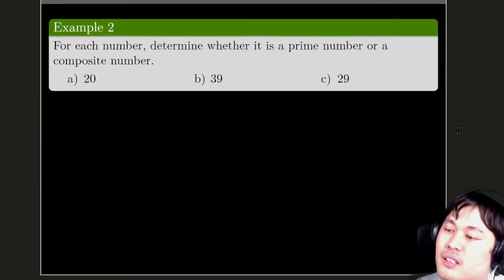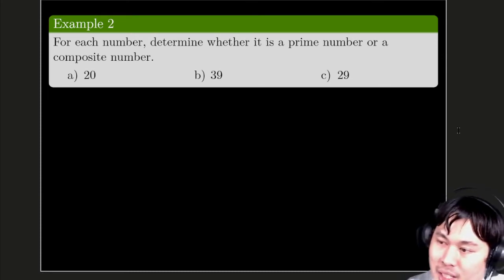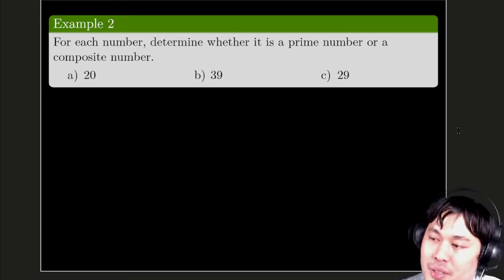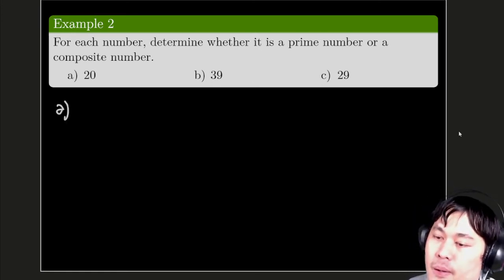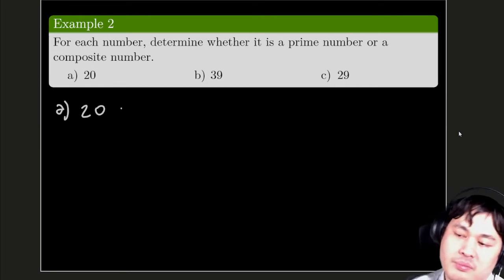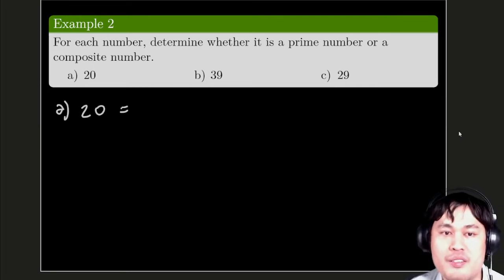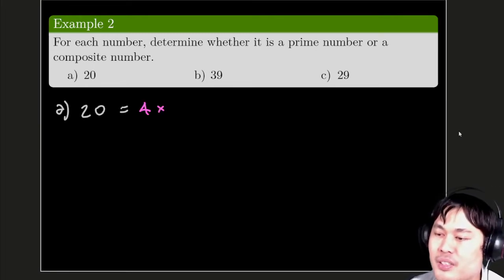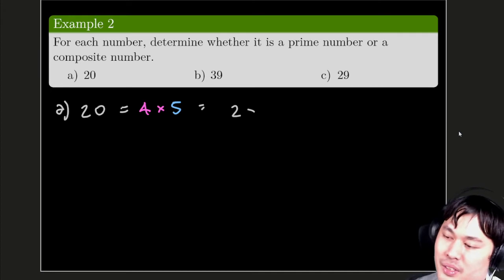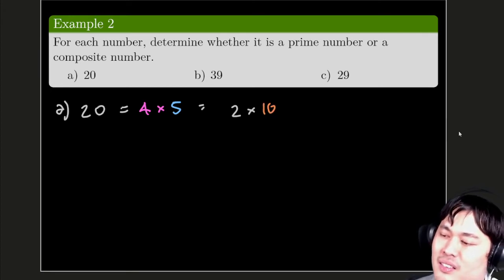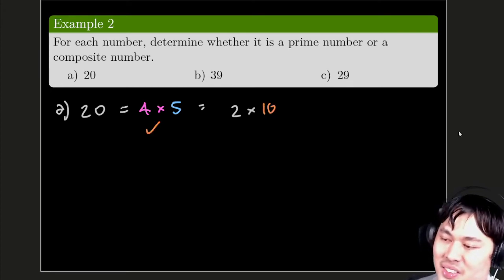Here, let's see. There are 3 numbers on the screen and your job is to determine whether each is prime or not. Let's start with 20. Is 20 a prime number? Guess not, right? 4 times 5. Someone might say, oh, it's actually 2 times 10. Again, you are both correct.